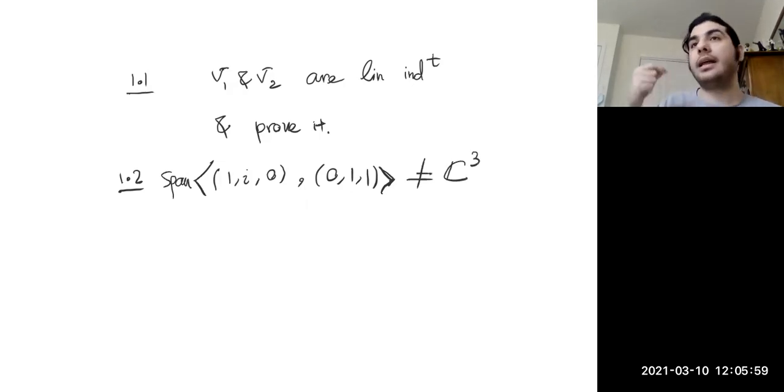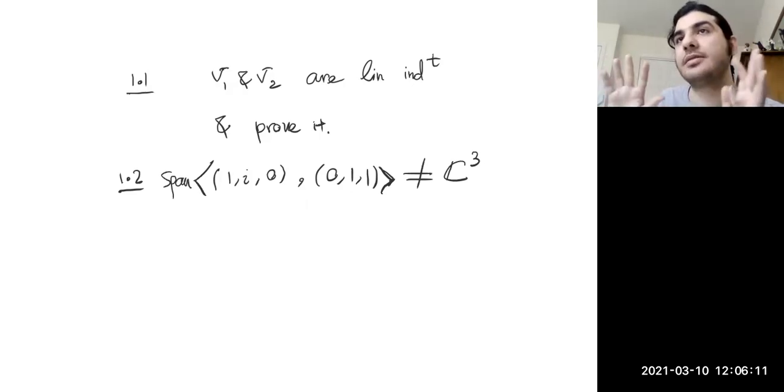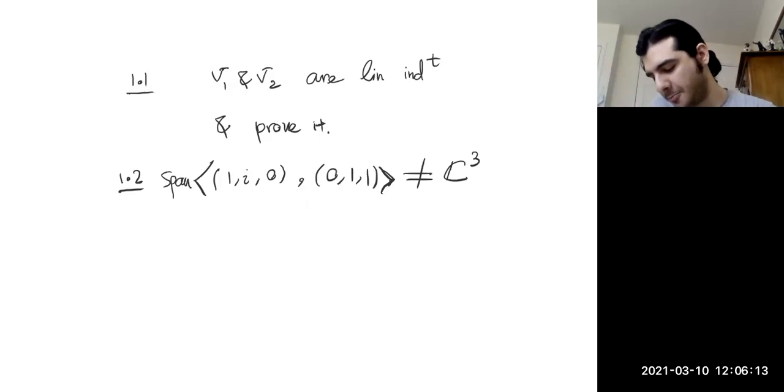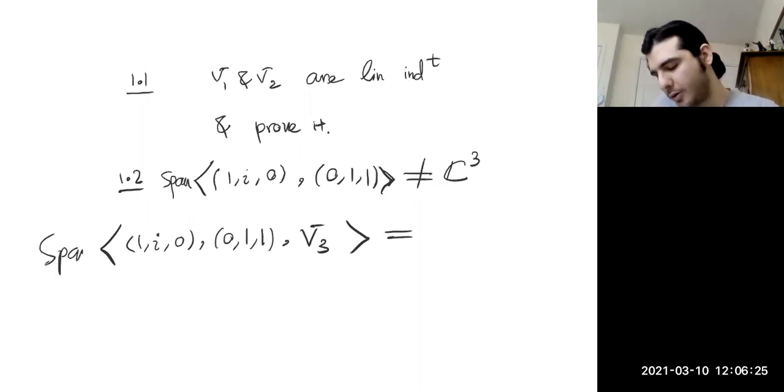We still need a third vector to generate all of C3. Well, there are a lot of different choices, but that doesn't matter. So we have this vector, this vector, and then we can choose a third vector, V3, such that their span is the whole C3.